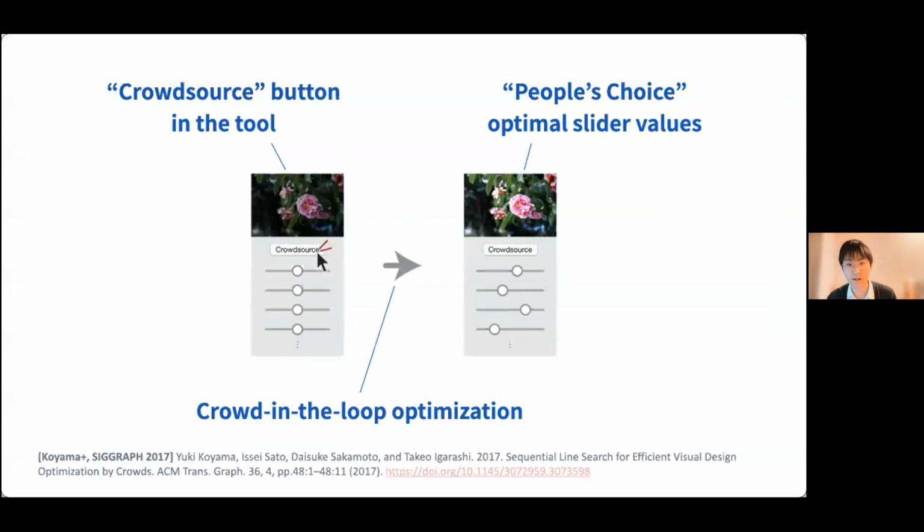This shows the concept of our crowd-powered optimization solver. Suppose that there is a crowdsource button in the design interface and the user can push it when necessary. Then the tool runs the optimization process in the backend, and finally the user can obtain the optimal slider values.